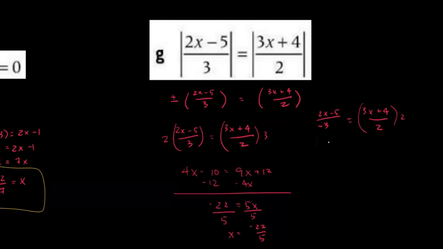Solve the other one. Multiply this by 2, multiply this by negative 3. 2, so 4x minus 20 equals negative 9x minus 12. 13x equals positive 20, and that's an 8, so x equals 8 over 13.